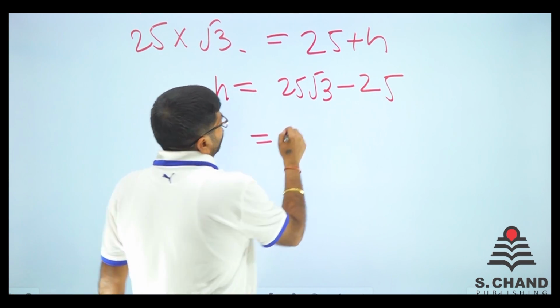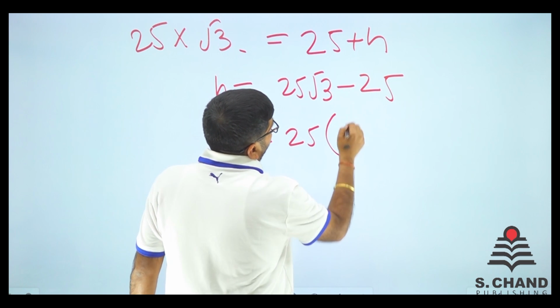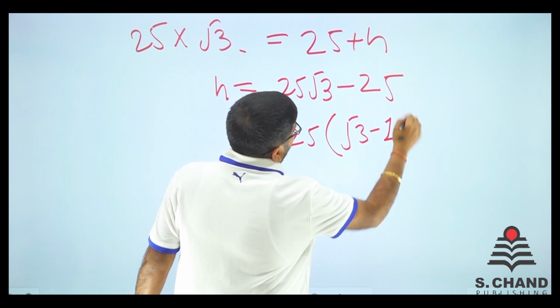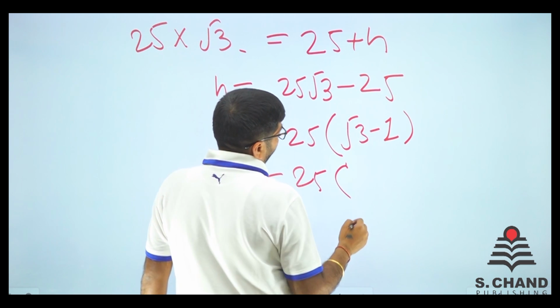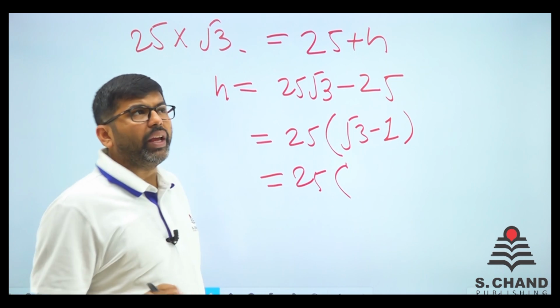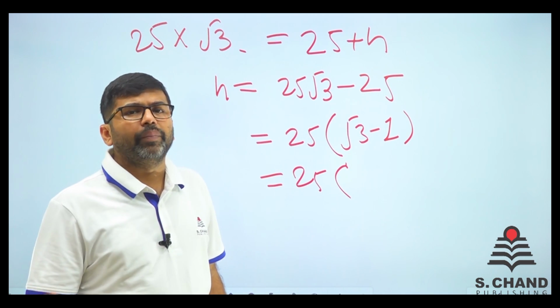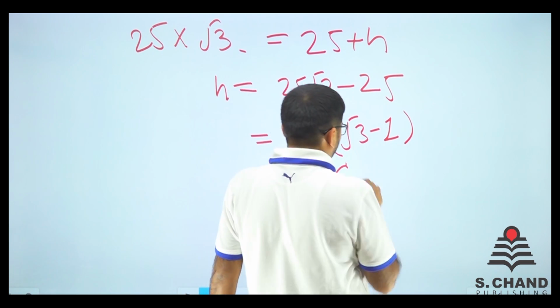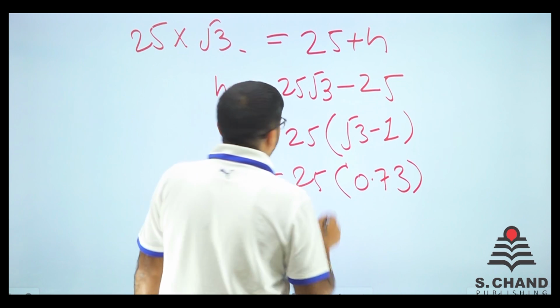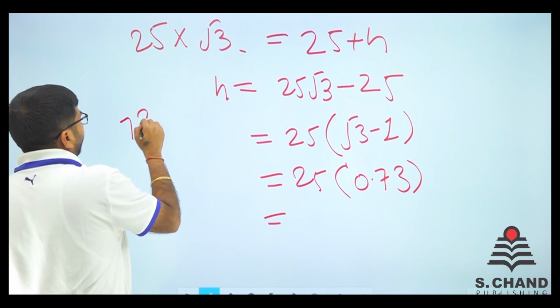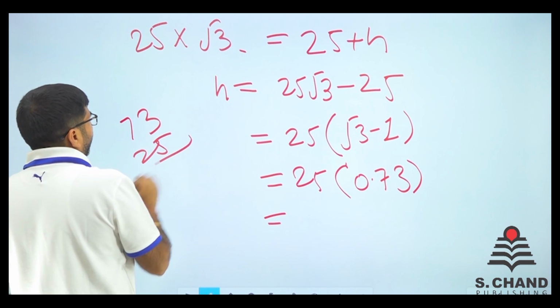We'll take 25 common, and root 3 minus 1 remains inside. Root 3 is approximately 1.73, so 1.73 minus 1 is 0.73. So 25 into 73.